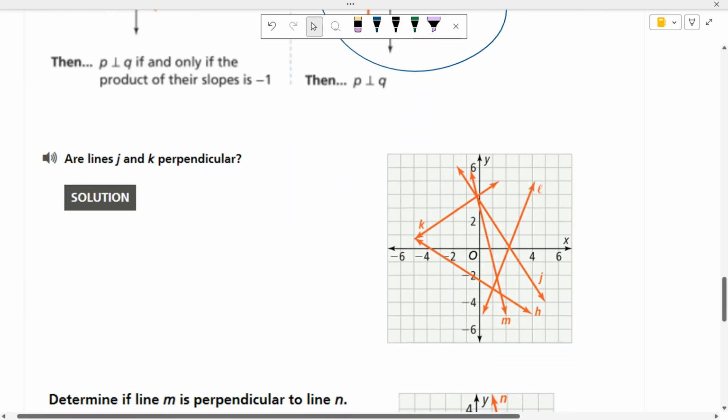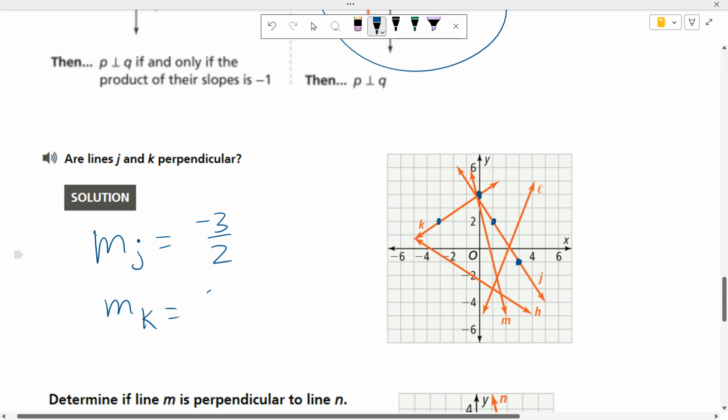So, are any of these perpendicular? Well, let's look at J and K first. Let's find the slope of J. J goes through here, and it goes through here. So it goes down 3, to the right 2. So it's -3/2. Let's find the slope of K. K goes through here, and it goes through here.